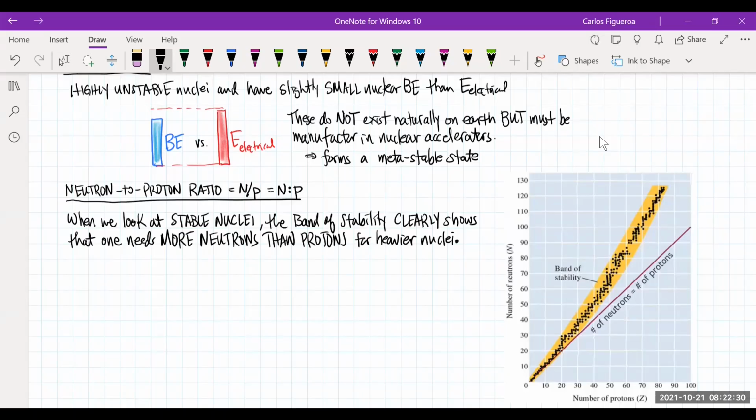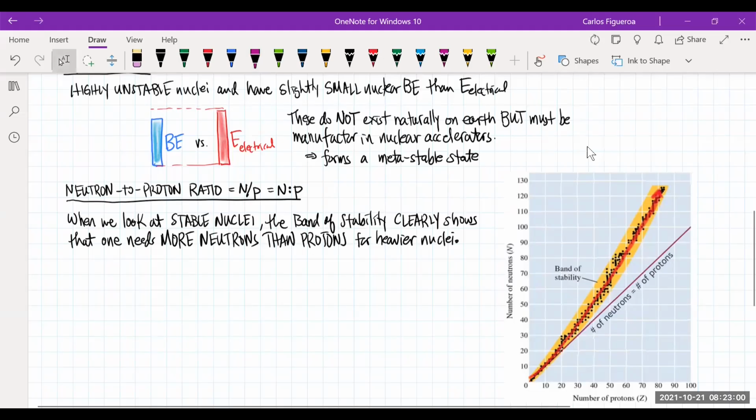So look at the curve. If you look at the curve, look what the curve is actually doing. You're following this curve, and you can see that it bends away from the line that says equal number of protons and neutrons.